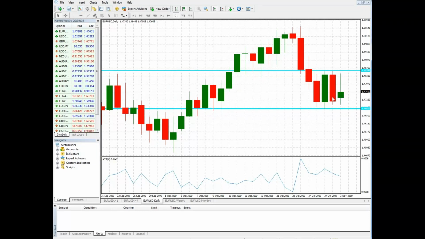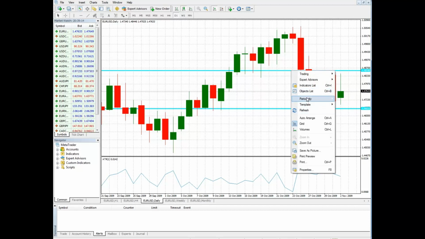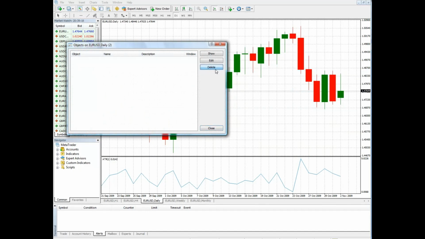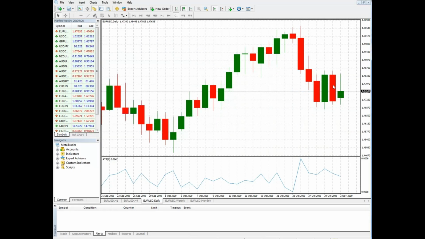We have not only the breakout of these last 3 days, we have something special called an inside bar. And an inside bar is basically a bar whose high is lower than the previous high, as I'm showing with the arrow here, and whose low is higher than the previous low.